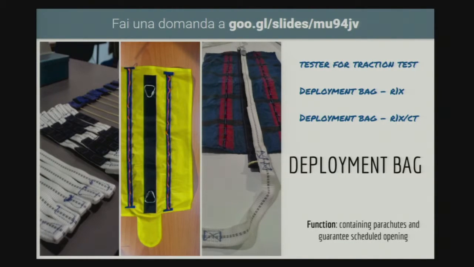And you can see on your left some testers for the traction tests we did here in Politecnico in our laboratories, just to know if our materials have the properties of the industry where we bought them.